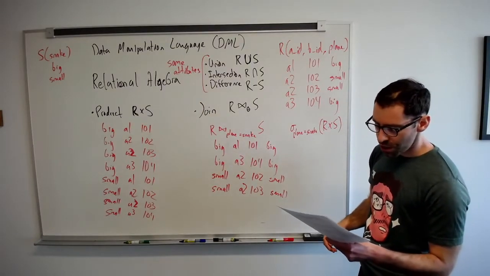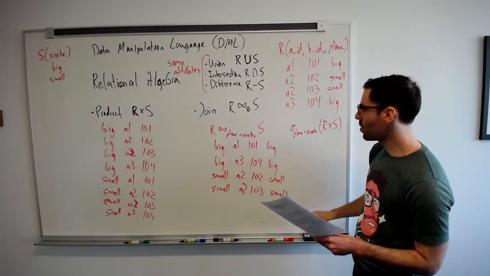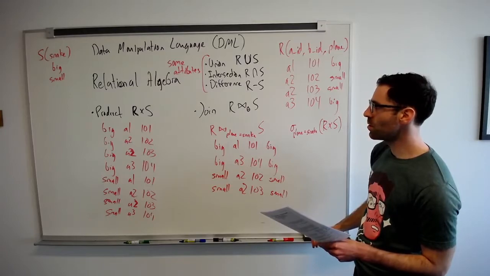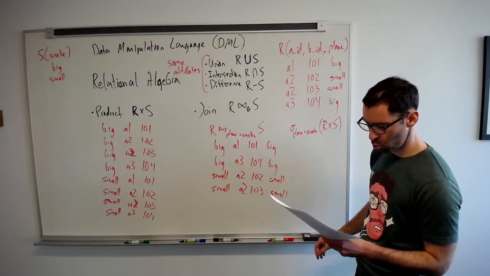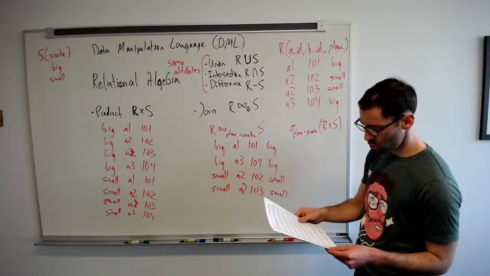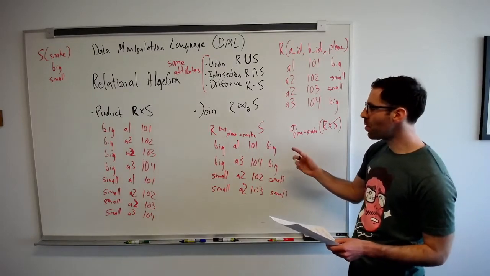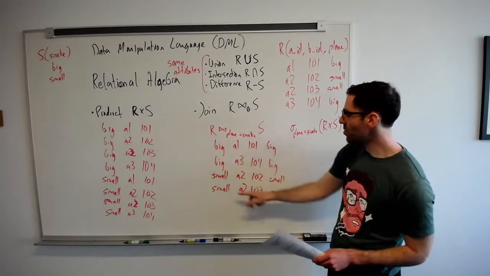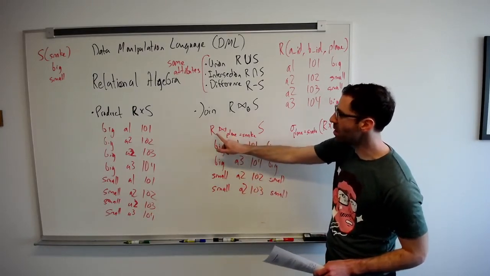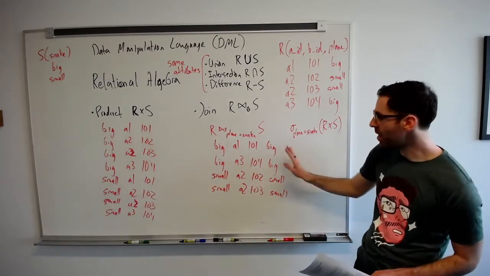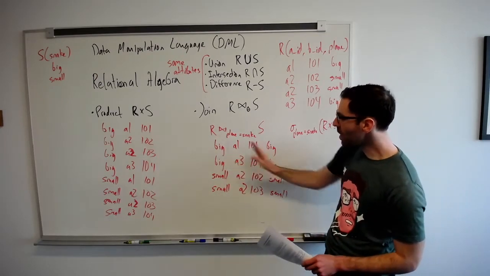I did want to note that in this join we get the plane and the snake attributes twice.